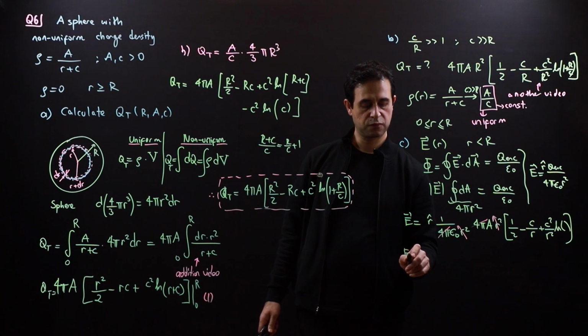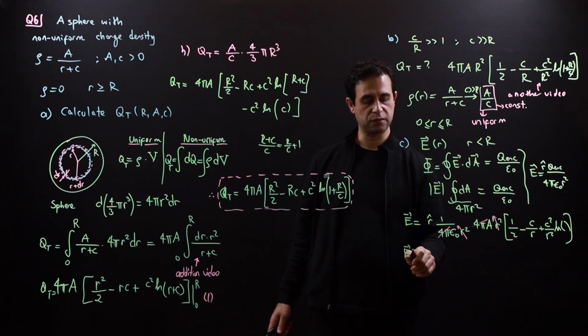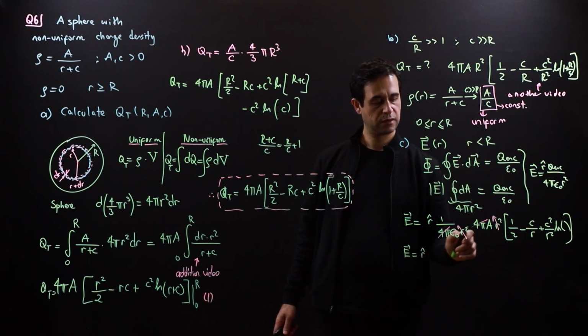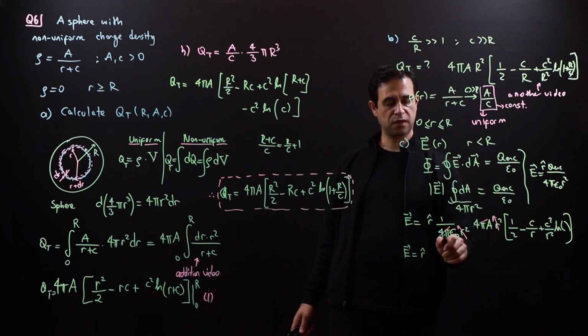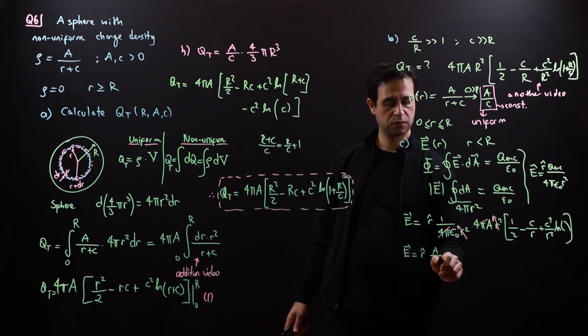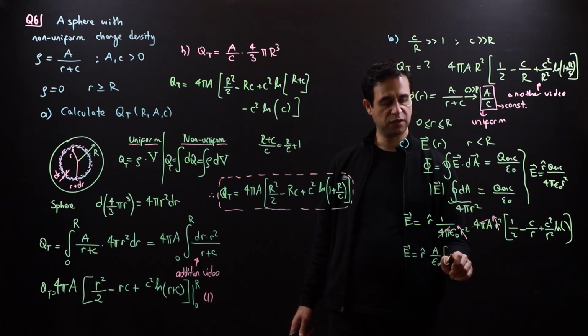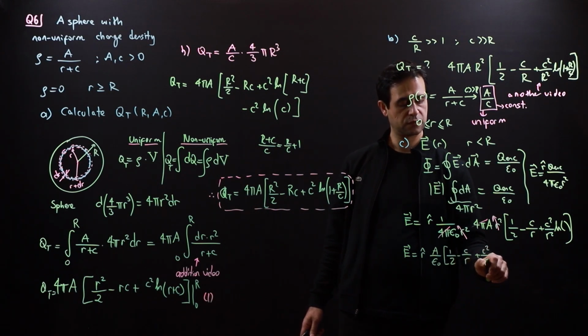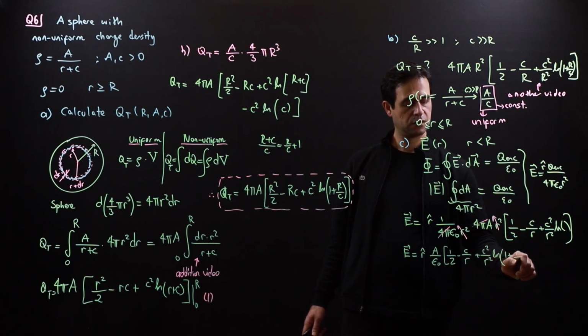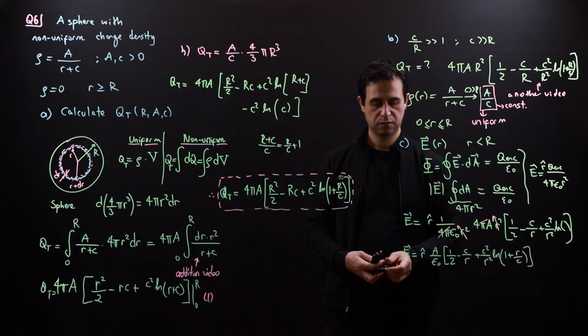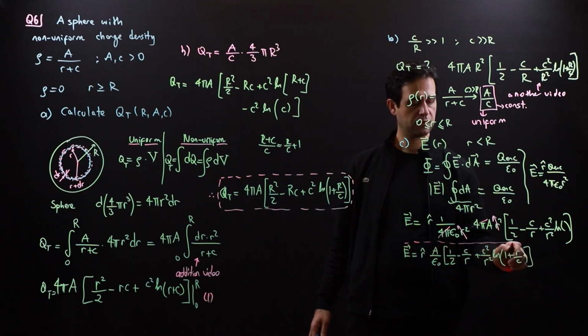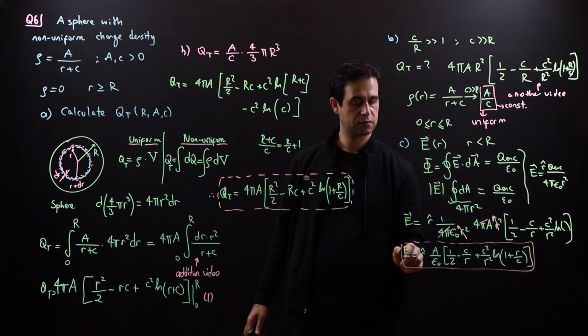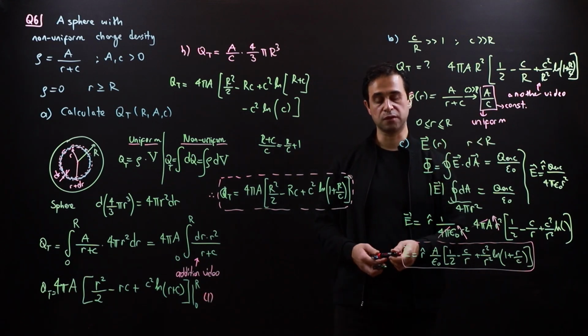So the expression for E, when small r is smaller than capital R, is going to be r hat, and on the numerator, I get a over epsilon 0, and I'm going to multiply that with this parentheses: 1 over 2 minus c over r plus c squared over r squared with this logarithm term. Now I'm going to put the argument in, and I'm going to even box it. So this is the whole expression when r is smaller than R.